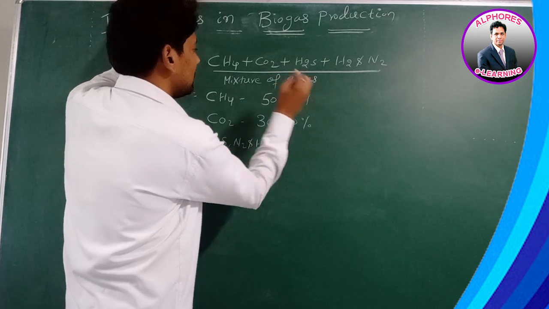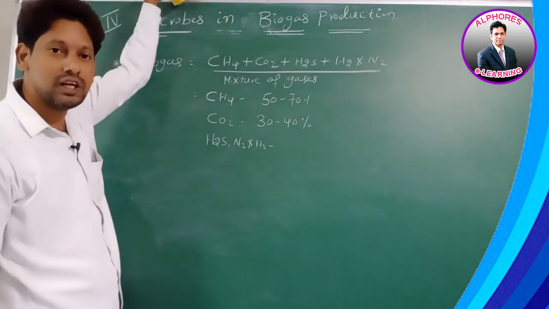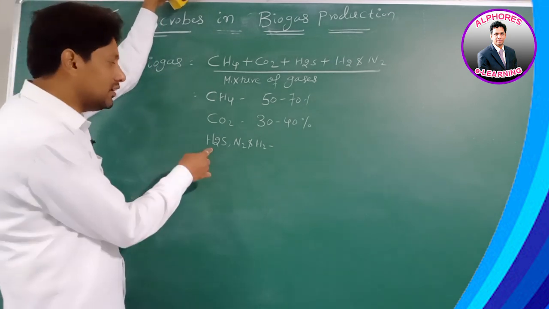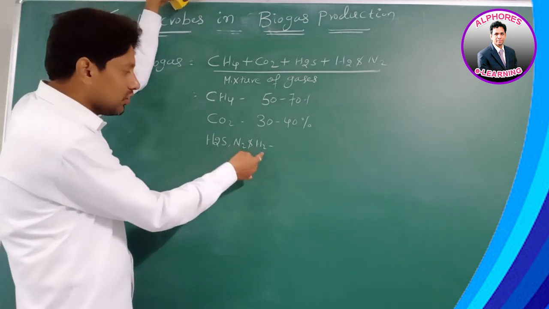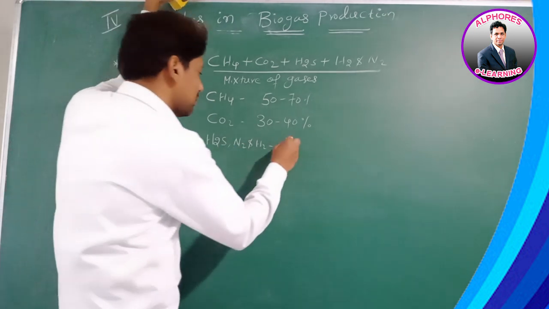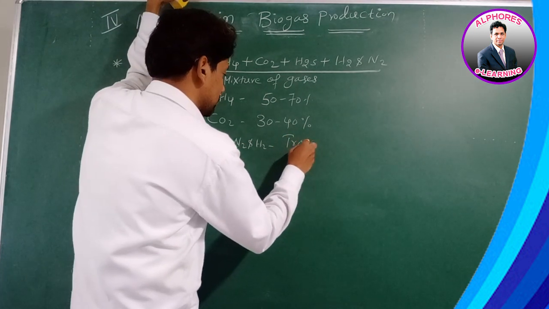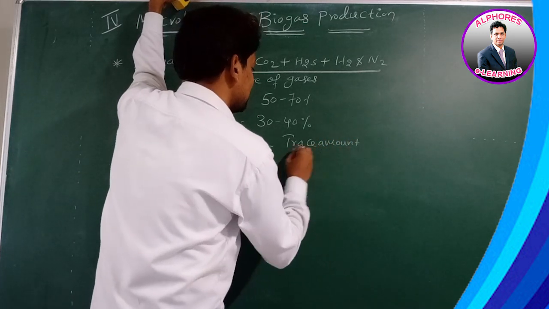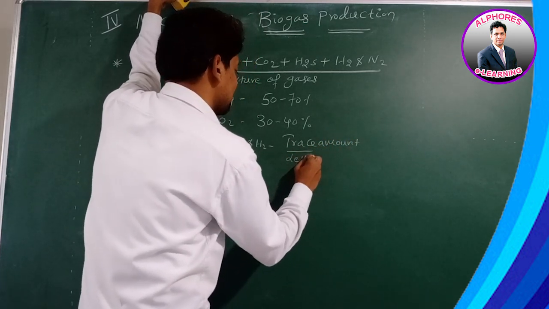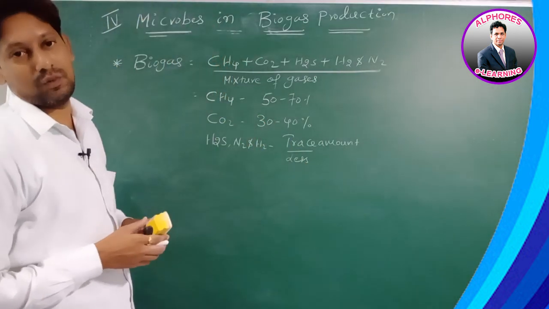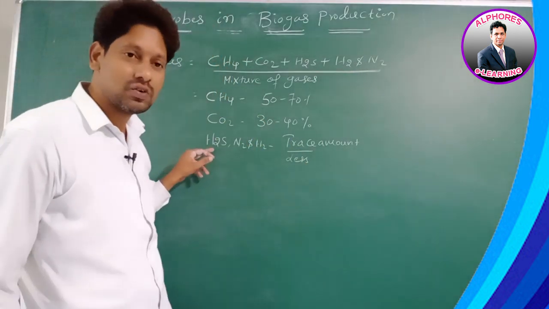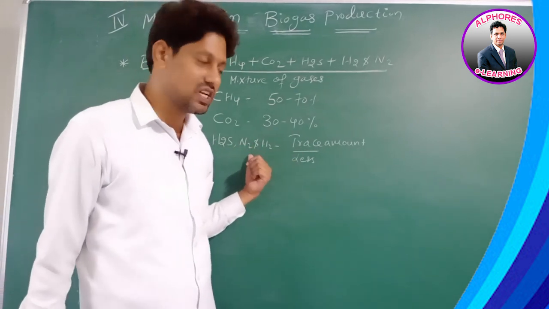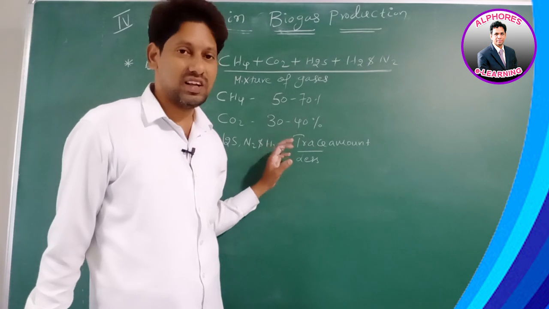Whereas hydrogen sulfide, hydrogen and nitrogen are present in trace amounts. What is the meaning of trace amounts? Trace means less. Therefore, hydrogen sulfide, hydrogen and nitrogen are present in trace amounts.